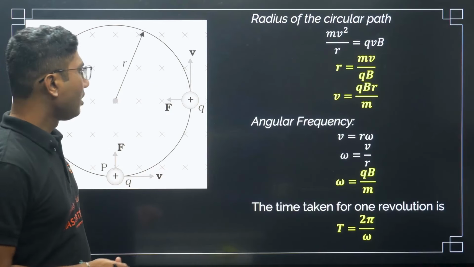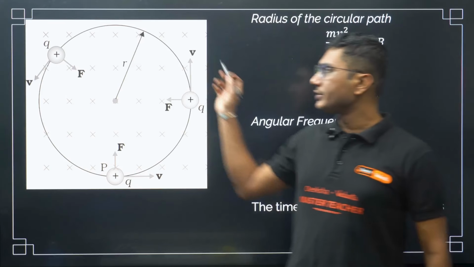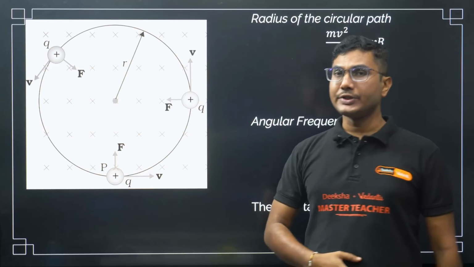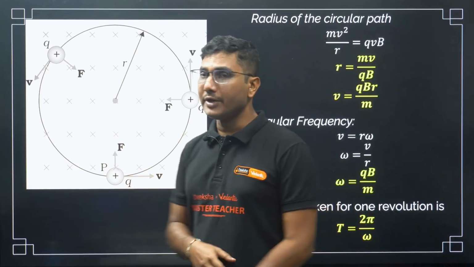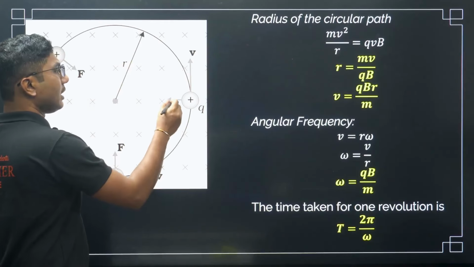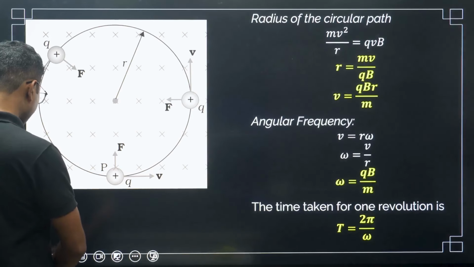Okay. Now we have to find the radius of this path, which is very important. The radius, the angular frequency, the time period, these are very important things. As you know, the force acting on this charged particle, as I said, is a centripetal force.